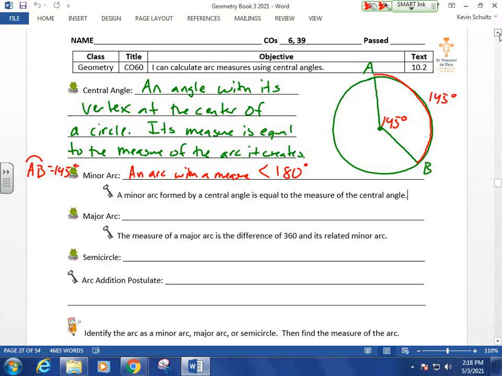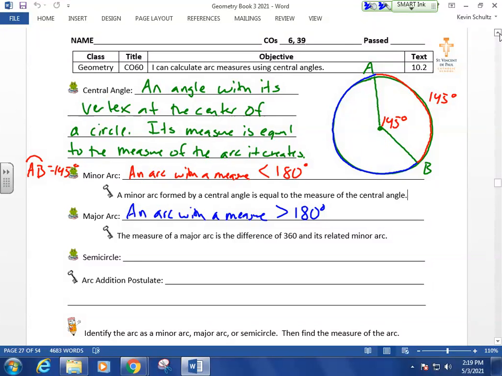Okay? A major arc, I'll do this one in blue. A major arc is an arc with a measure greater than 180 degrees. And so this would be a major arc going from A all the way around to B. Right? Now, if I just ask you for the measure of arc AB, to know what you mean, the minor arc or the major arc.